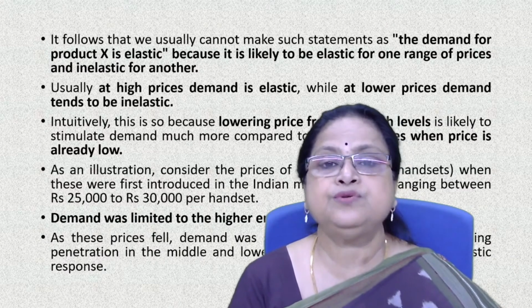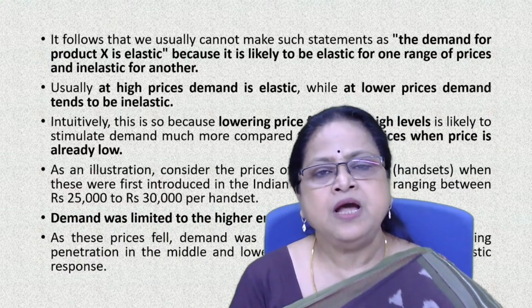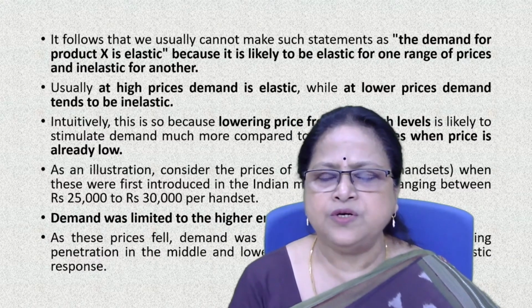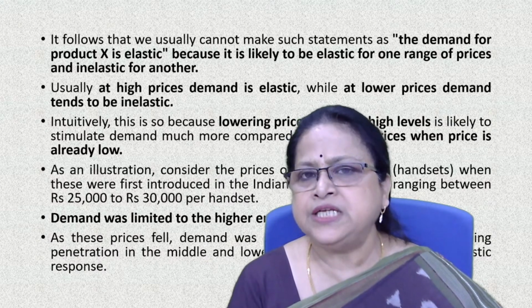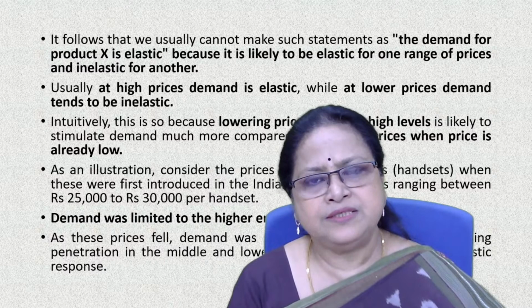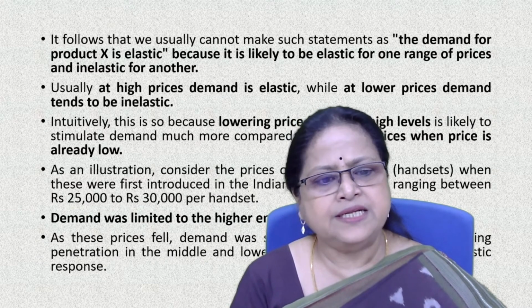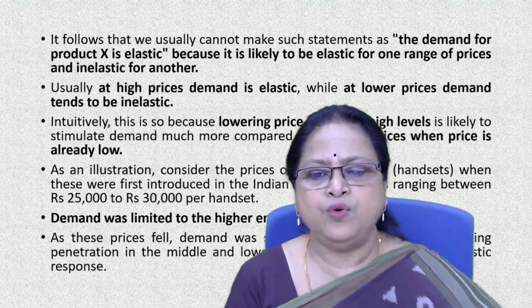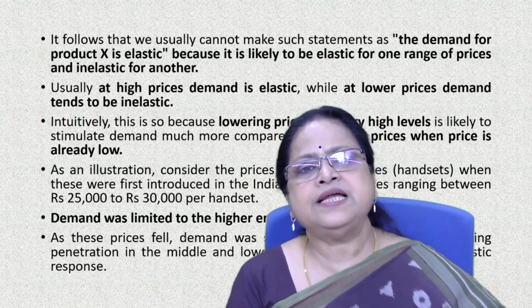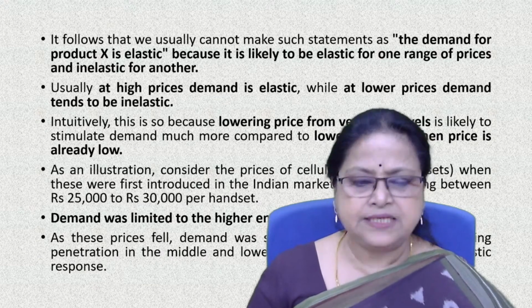Now the prices suddenly fell because of the introduction of technology, or the everyday change in technology. The demand was stimulated, resulting in increasing penetration in the middle and lower end segments. More production was there, and there was an elastic response.